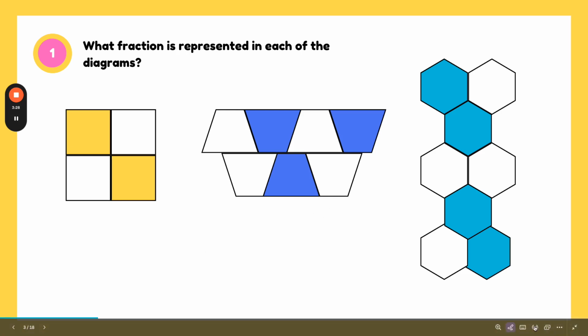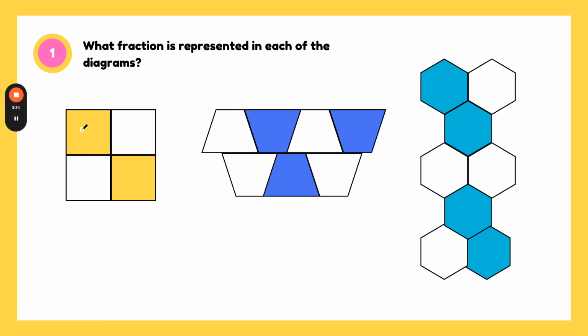If we look at the first diagram, we can see there are how many parts shaded of the whole? 1, 2. So our numerator is 2. And our denominator, if you remember, is how many parts make up the whole altogether.